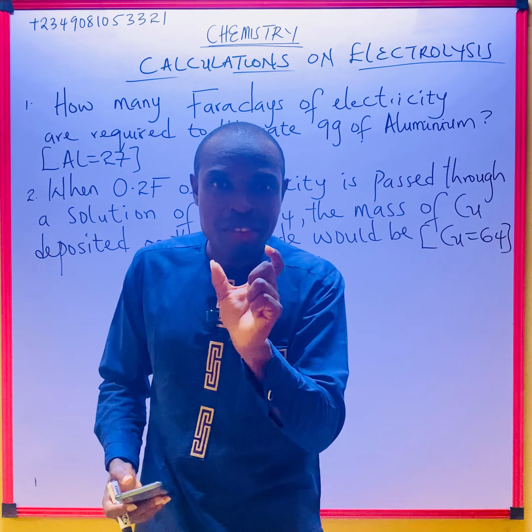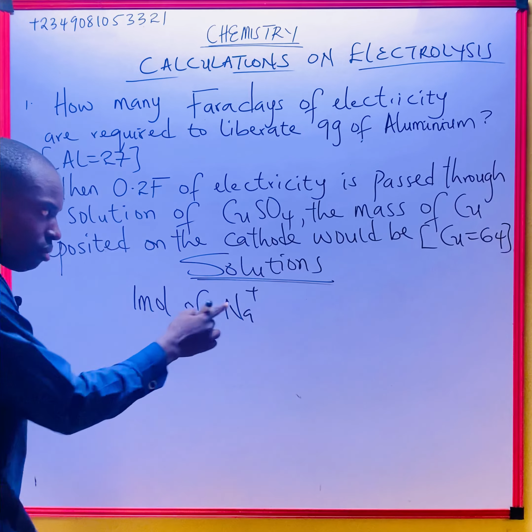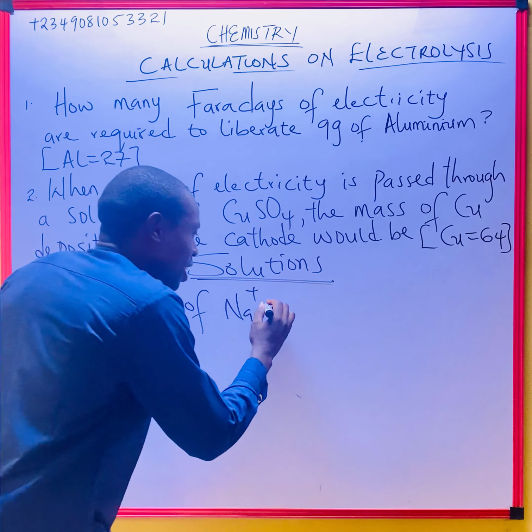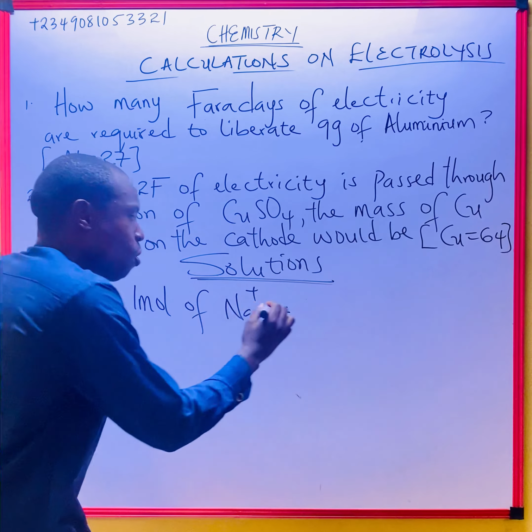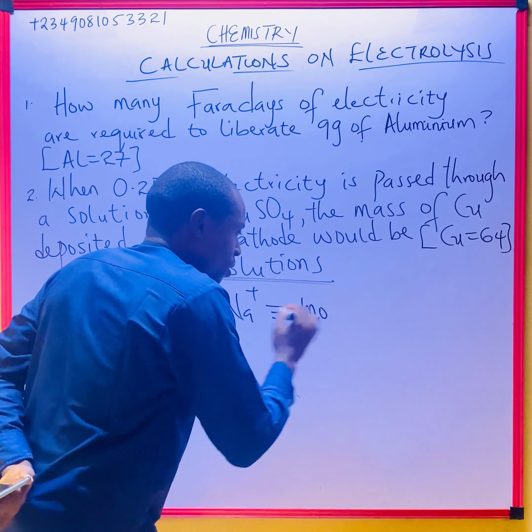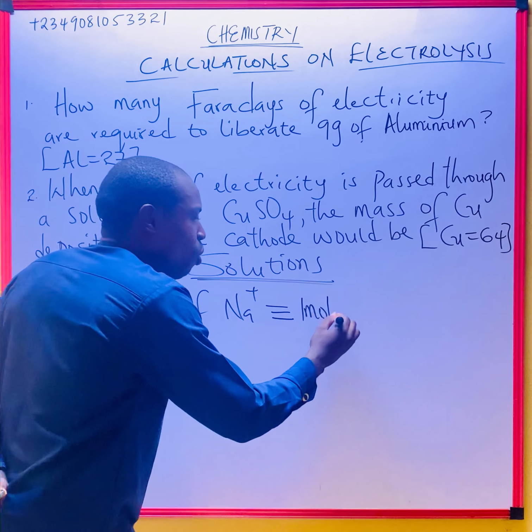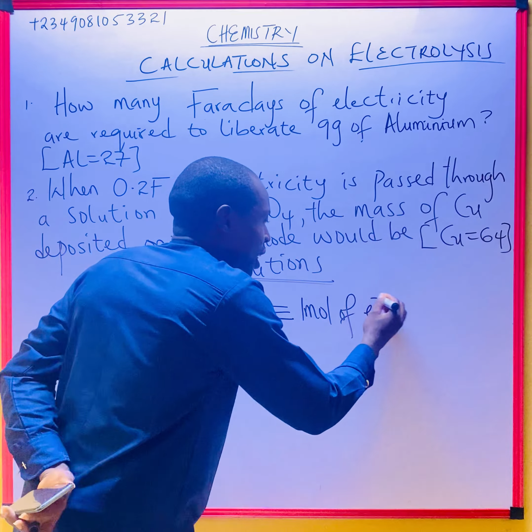Let's go. Now, we should understand the breakdown. For example, don't forget that 1 mole of sodium ion is equivalent to 1 mole of electrons, which is also equivalent to 1 farad.